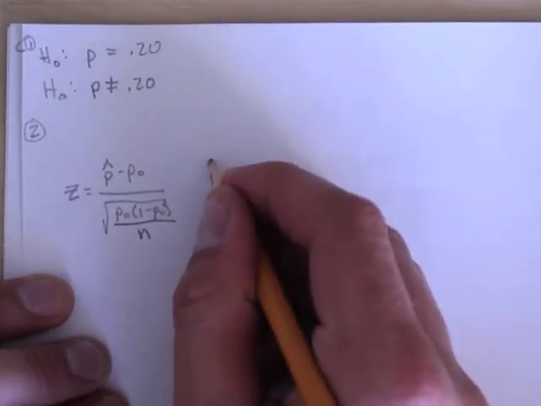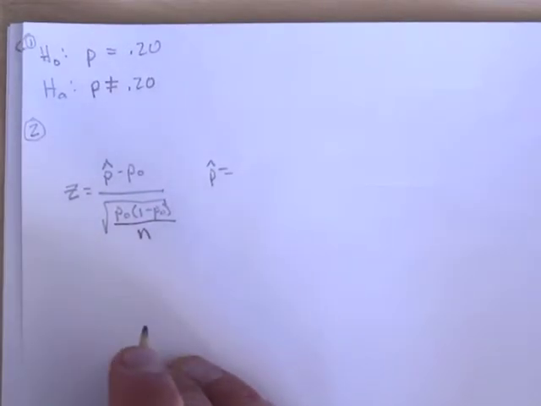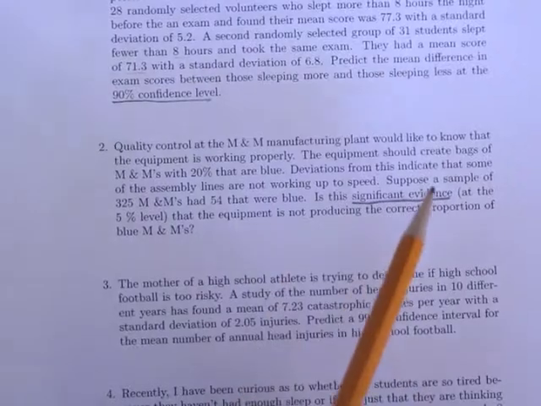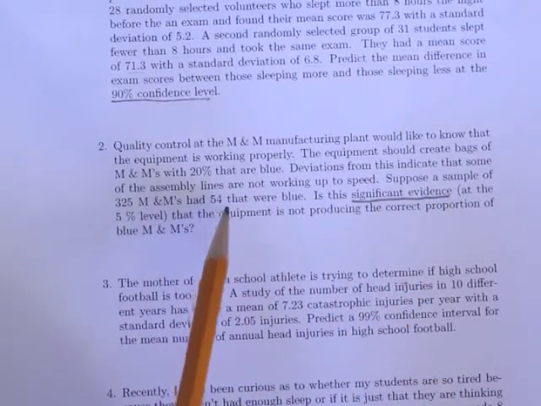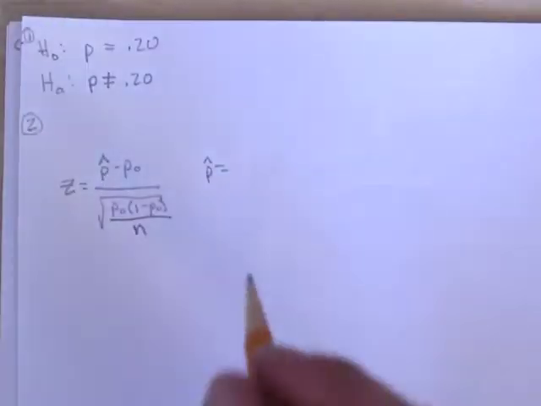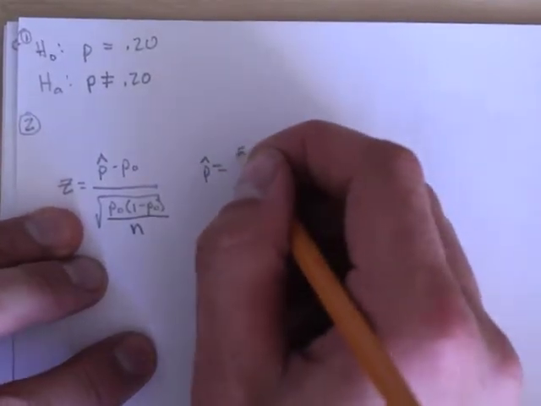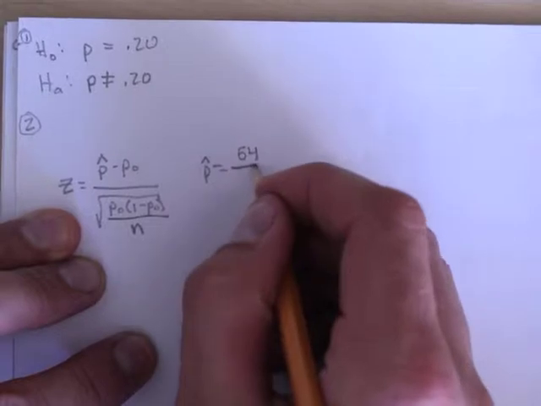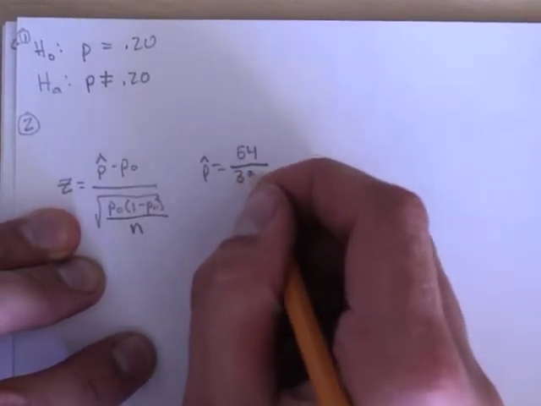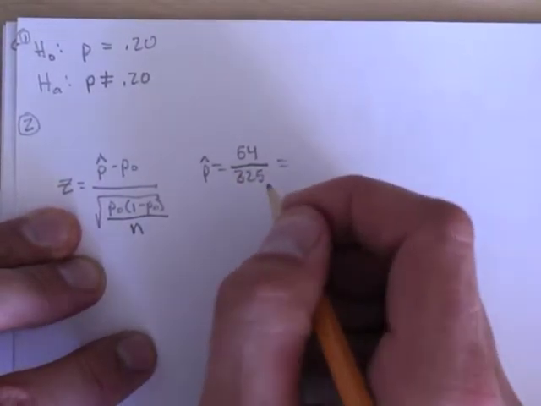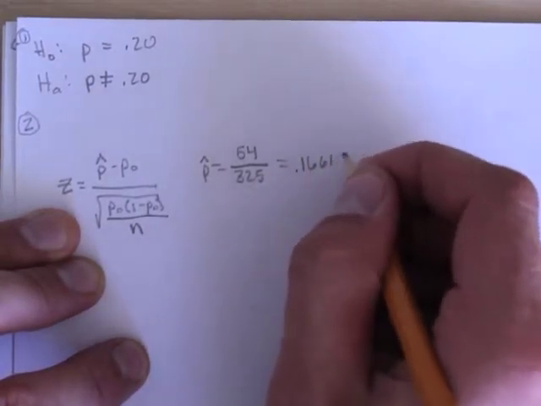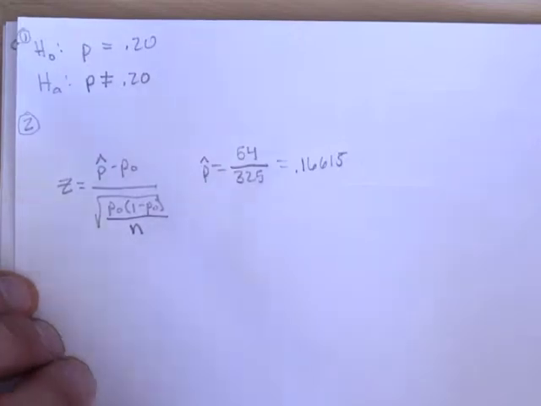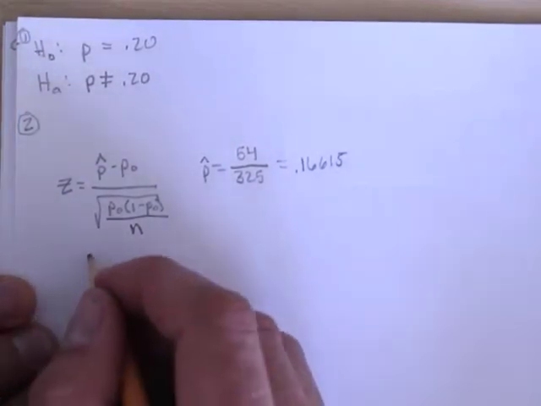P hat, that one's not given to us, but this is our sample proportion: we are told that in a sample of 325 M&Ms, 54 were blue. So we can figure out the percent that are blue by taking 54 all divided by 325, which works out to be 0.16615. And you may want to just keep all the significant figures in your calculation.